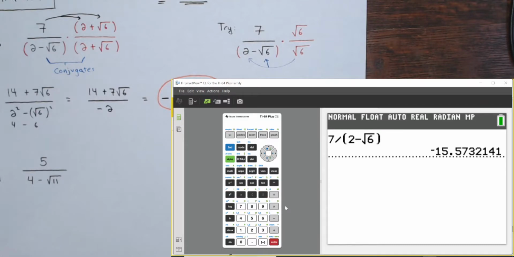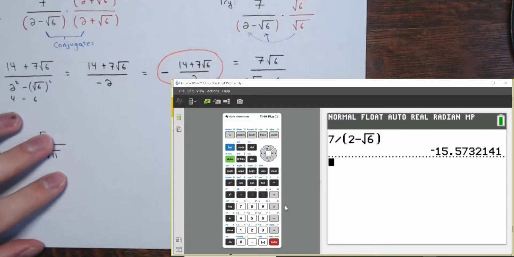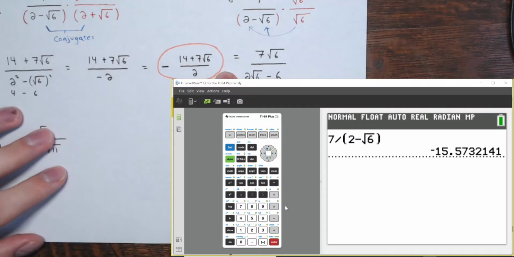Alright, and that gives me negative 15.57321141, and so on. So that was the original expression. Now I'm going to enter what I got in the end with the rationalized denominator.